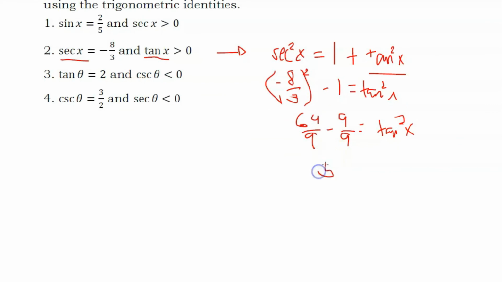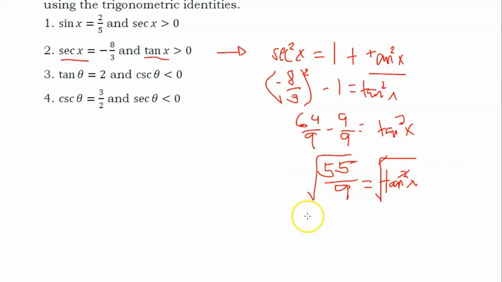So we have here 55/9 equals tangent squared x. Since we are only looking for tangent x, we will get its square root to cancel out the square.